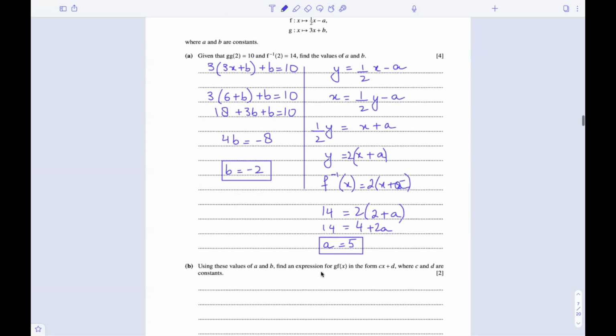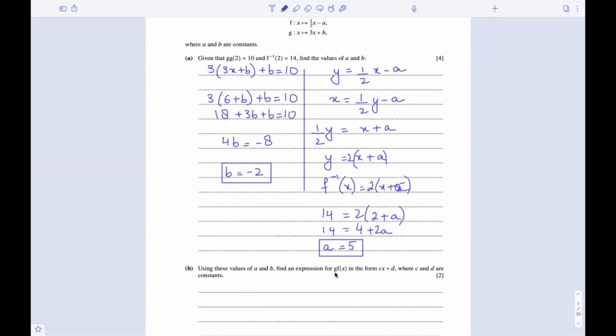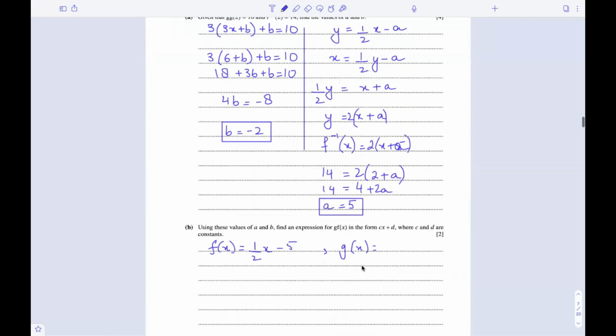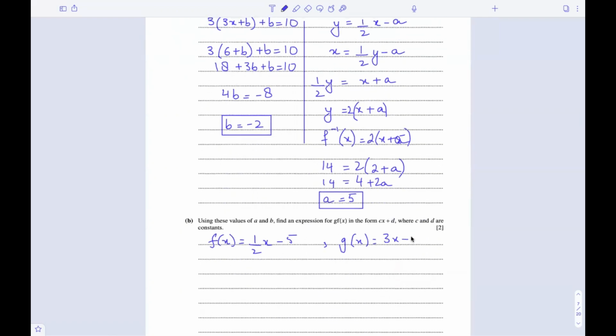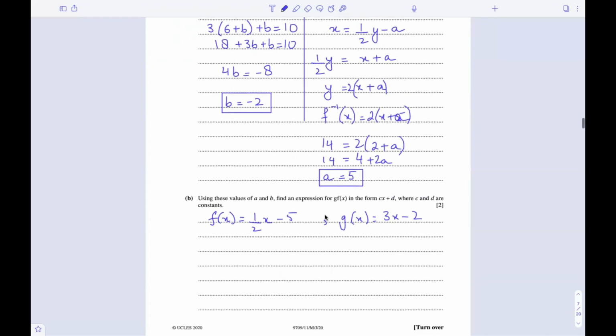Now in the next part, we have to find the expression for g f of x using the values of a and b. We know that f of x is half x minus a, and the value of a is 5. And g of x is 3x plus b, so this will become 3x minus 2. To find g f of x, in the function g we will replace x with the function f.